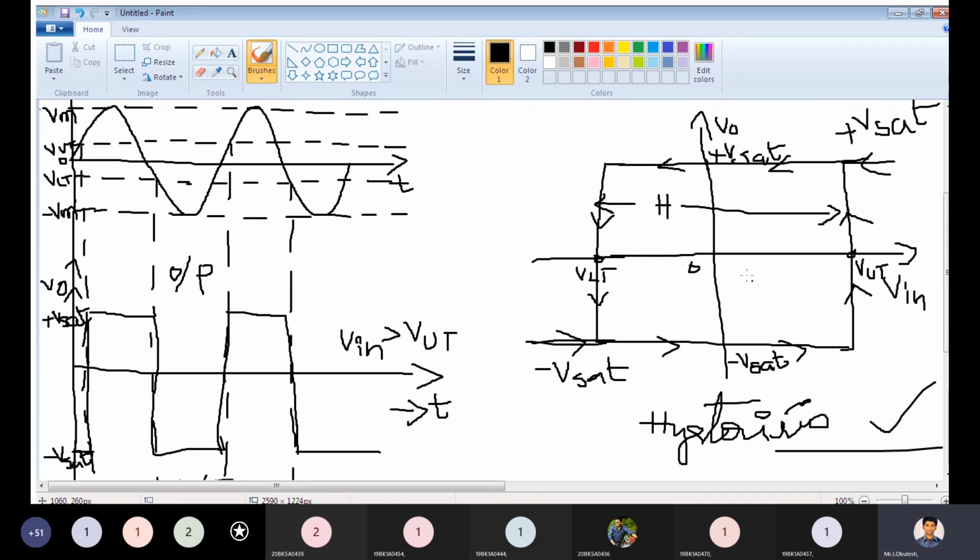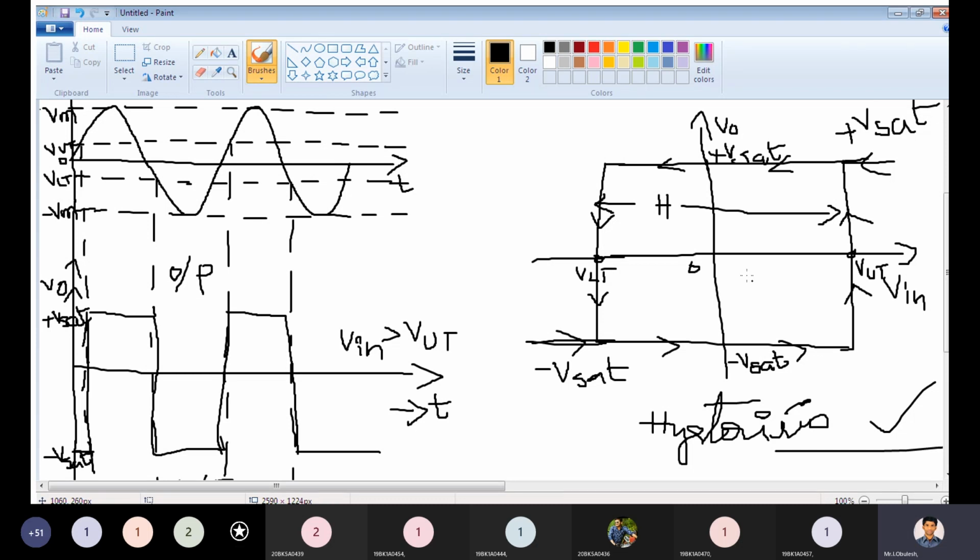Now we need to start multipliers and dividers. Under multipliers and dividers, we already completed the topic of analog multiplier. Now we are going to discuss frequency doubling. Once frequency doubling is over, we will discuss the divider. After that, we will discuss applications.